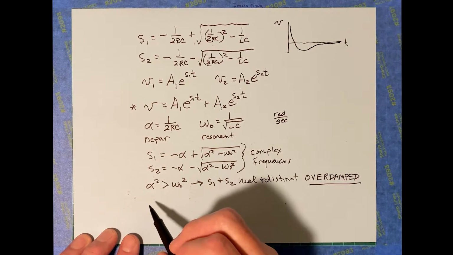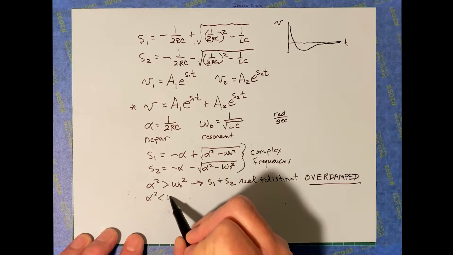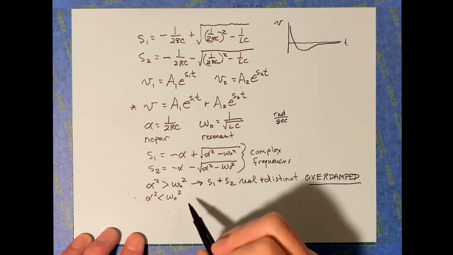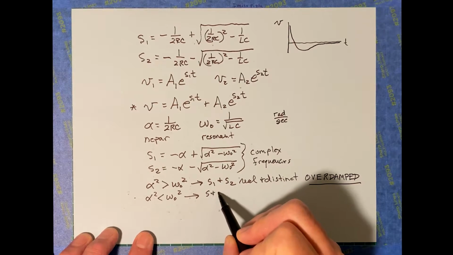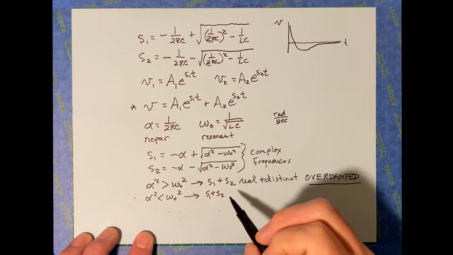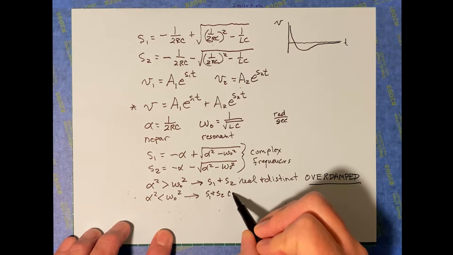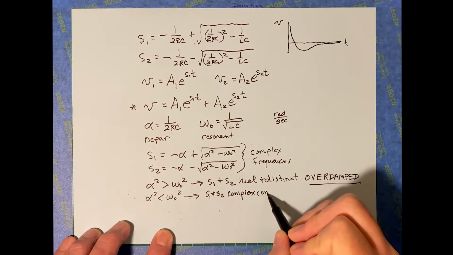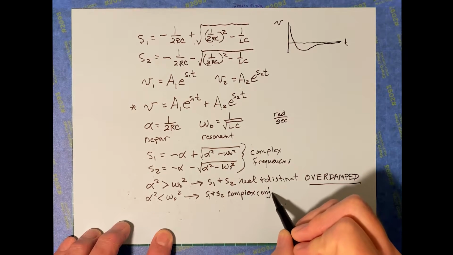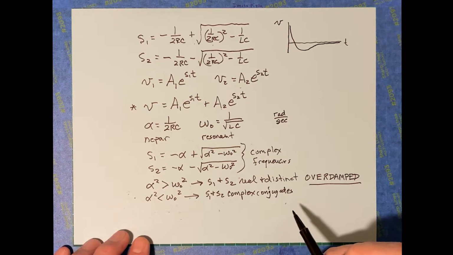Now, you could also have another case where alpha squared is less than omega naught squared. In that case, S1 and S2 are complex. In fact, S1 and S2 are going to be complex conjugates of one another.